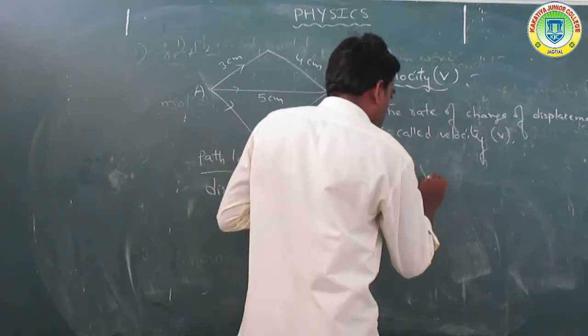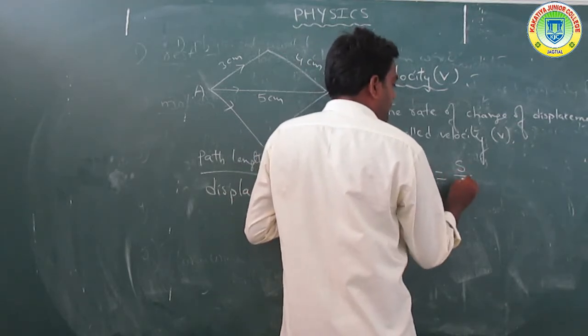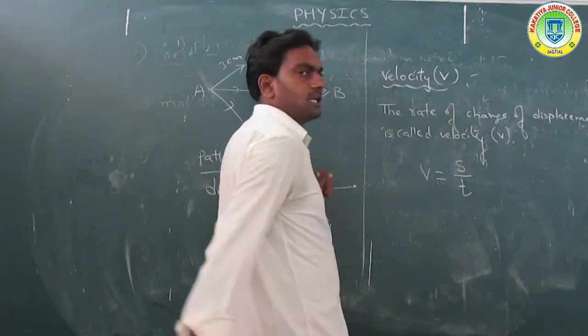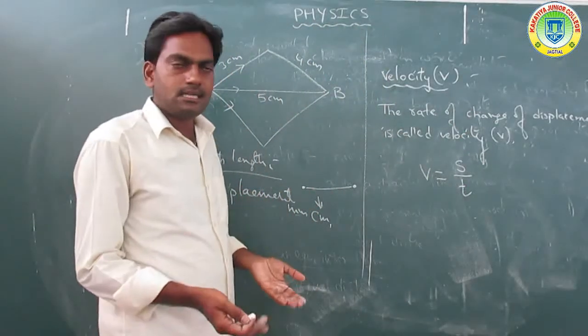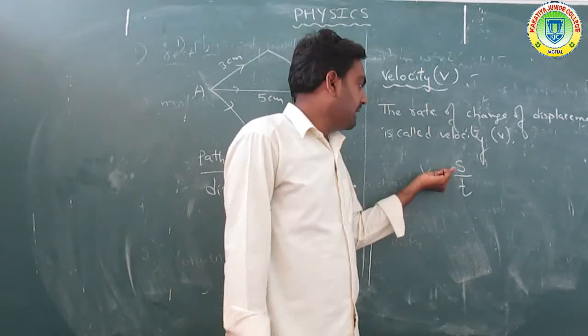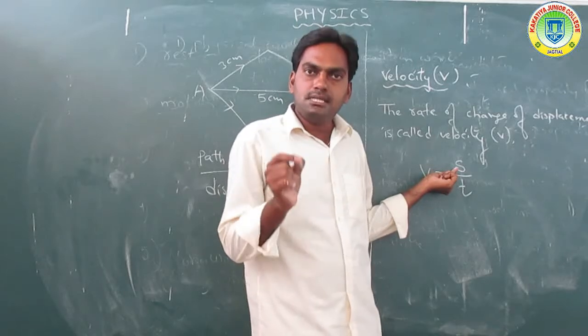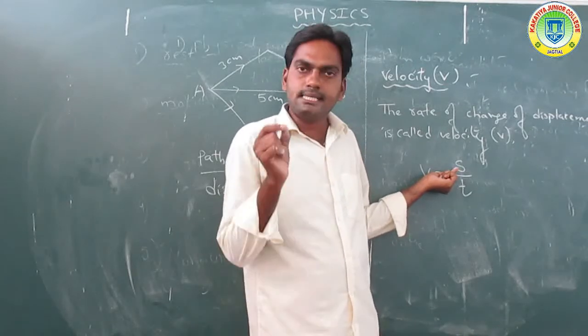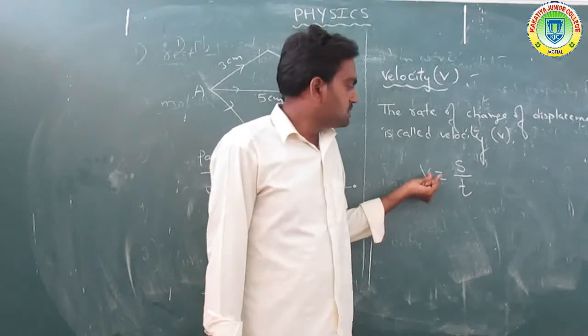So v is equal to displacement, or distance s, with respect to time. Velocity is nothing but the rate of change of displacement, in a single phrase. Clear that?